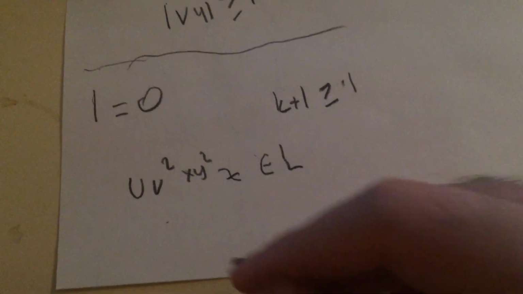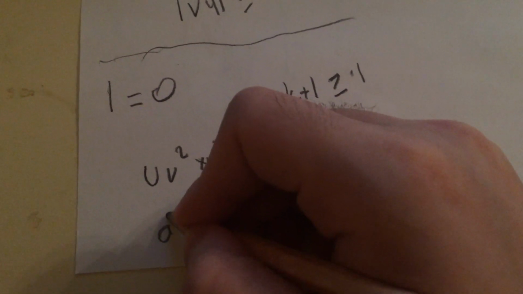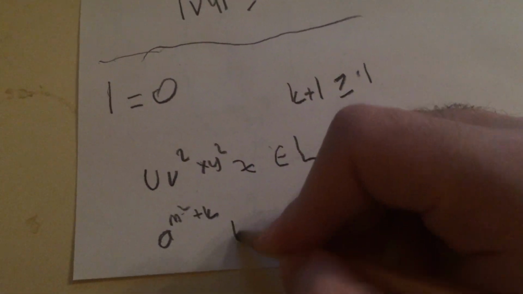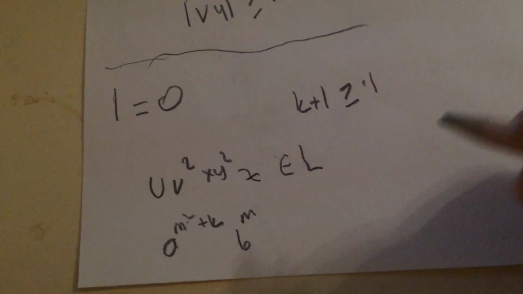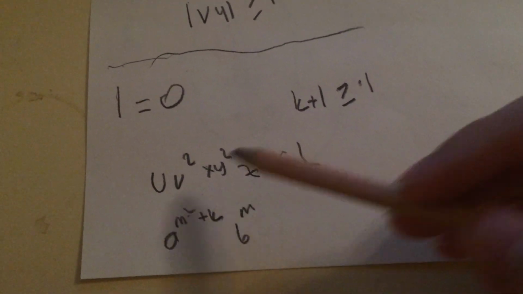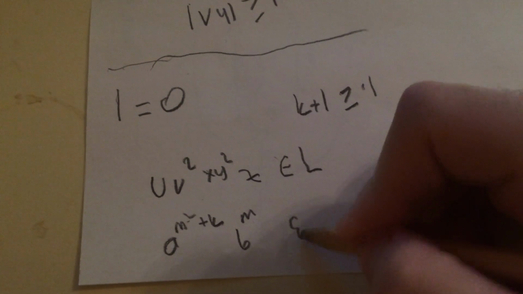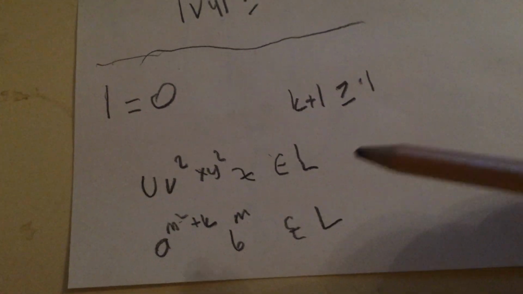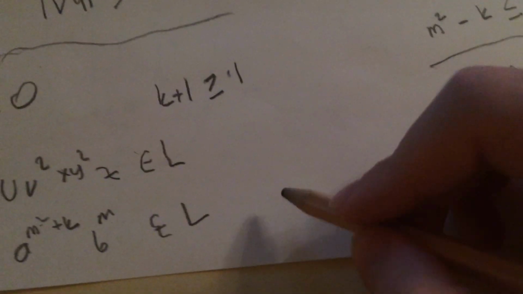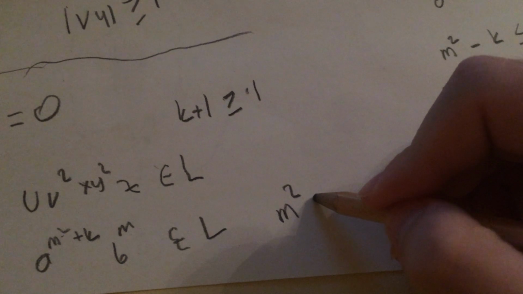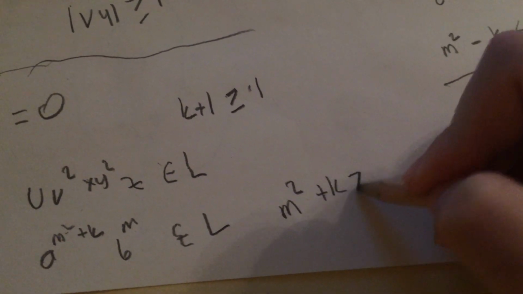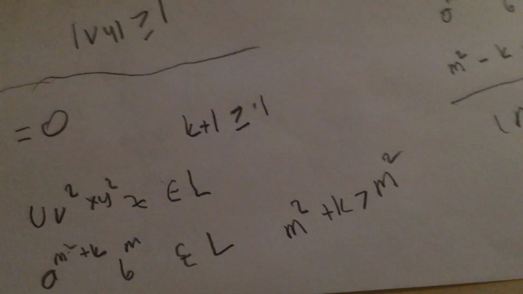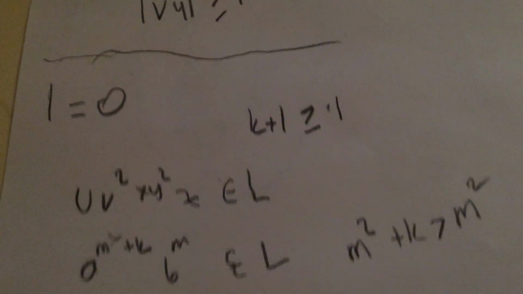After that we see that a^(m²+k) b^m in that string will be in our language, which is impossible because m² + k is bigger than m². k cannot be negative, as we see here.